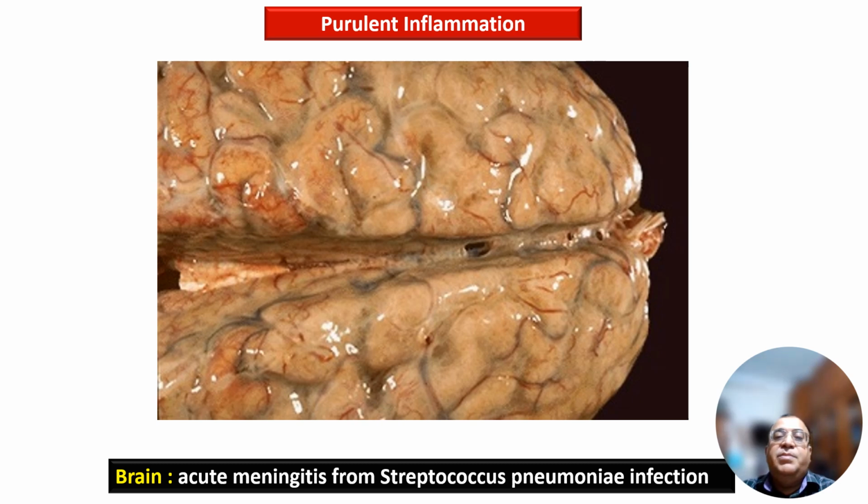In this picture, the base of the brain is showing yellowish purulent exudate beneath the meninges, and this is a case of acute meningitis caused by Streptococcus pneumoniae, another pyogenic bacteria. Due to presence of this yellowish fluid, there are obscured sulci.